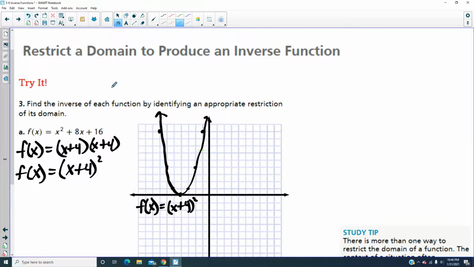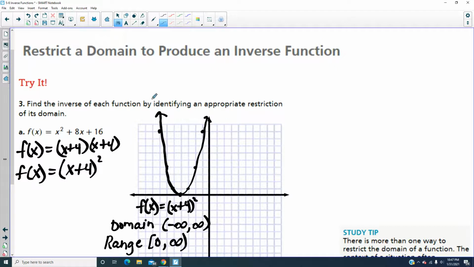But this problem wants me to make the inverse a function by identifying an appropriate restriction of its domain. So let's talk about this function. It has a domain of negative infinity to infinity, and then a range of 0 to infinity.